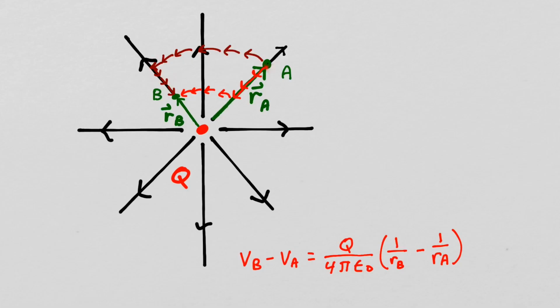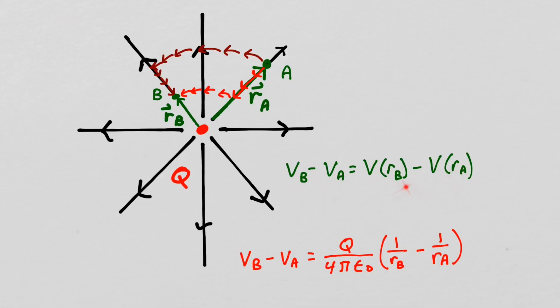And that's why the potential difference between two paths only depends on the distance the 2 points are from our point charge at the origin. If I move in the theta and phi direction and keep a constant distance from the point charge, the potential does not change.